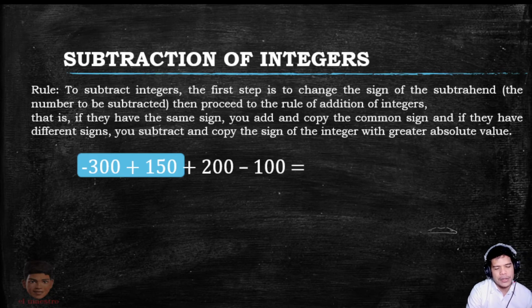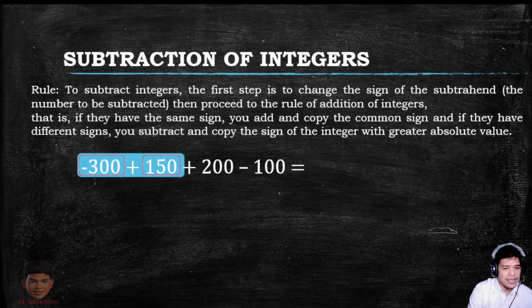First thing that you're going to do talaga, class, is to check what operation are you going to do. Okay? In this case, plus. So, addition. So, you apply the rules of addition. Ano yung rules of addition? If they have the same sign, add and copy the common sign. But in this case, you have different signs.